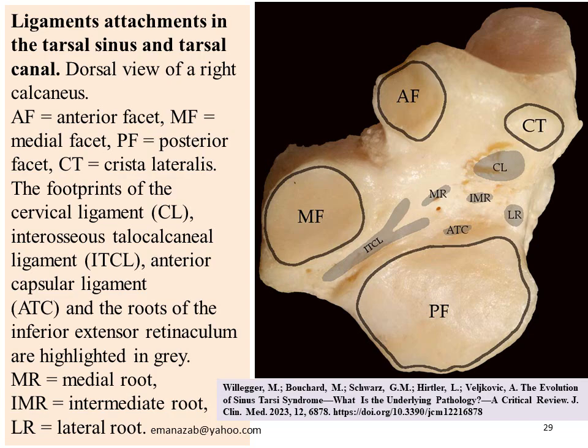Dorsal view of the right calcaneus showing the ligaments present in the tarsal canal and sinus. From posterior to anterior: the anterior capsular ligament, interosseous ligament, the three roots of the stem of the inferior extensor retinaculum, medial, intermediate, and lateral root, and the cervical ligament.